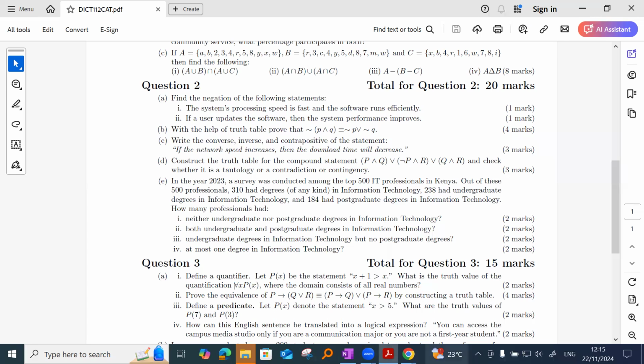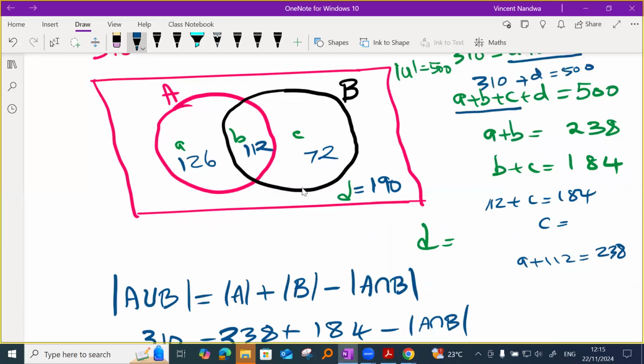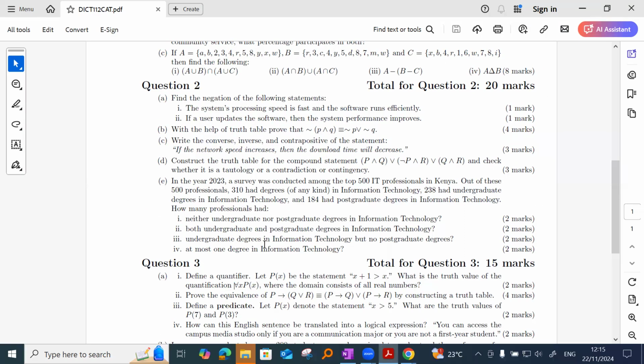Where should the person be? At A. So the answer will be 126. Good. And then at most 1 degree in information technology. What does at most 1 mean? Okay, the term at most 1.